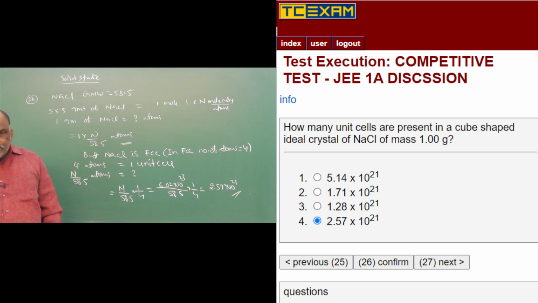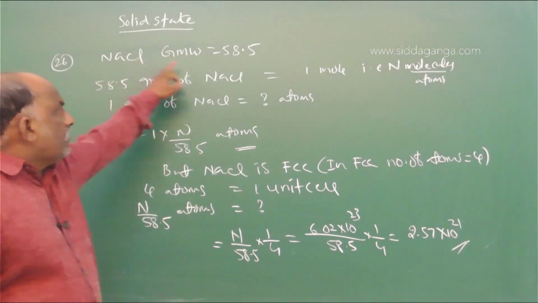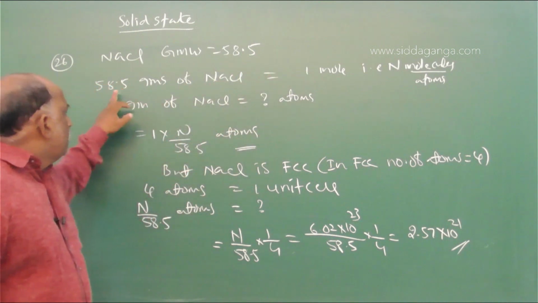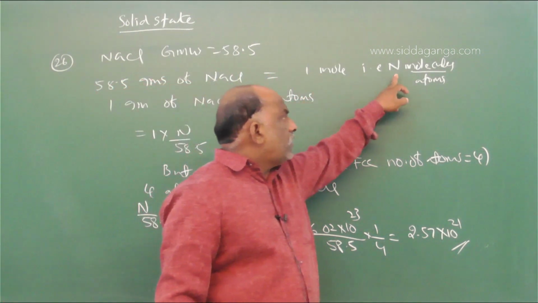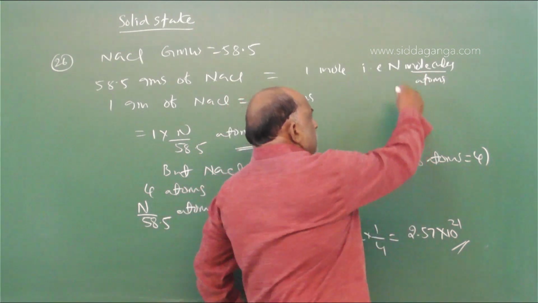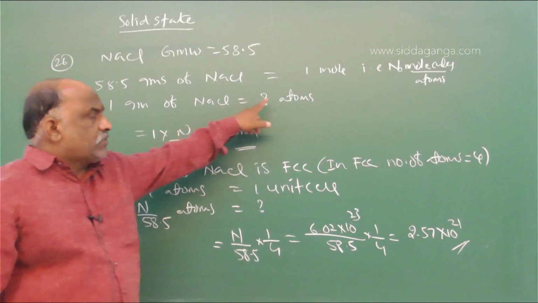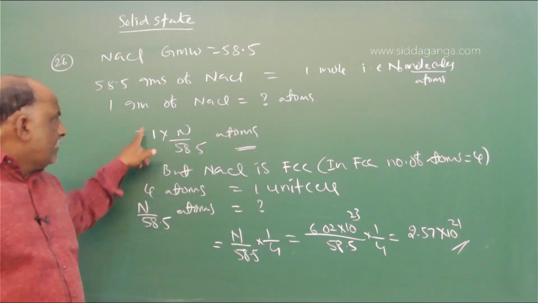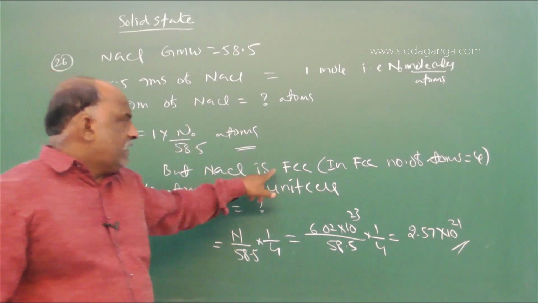Once again, sodium chloride gram molecular weight 58.5. 58.5 grams of sodium chloride is equal to 1 mole. 1 mole is nothing but Avogadro number of molecules or atoms. Instead of that, you should write here N naught. And 1 gram of sodium chloride is equal to 1 into N naught by 58.5. But NaCl is FCC structure.